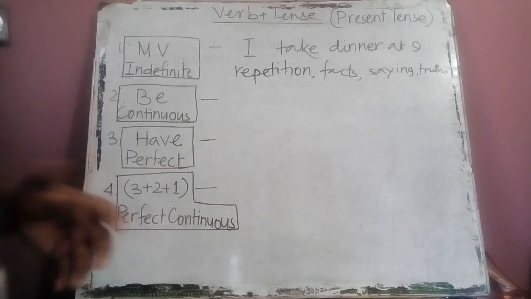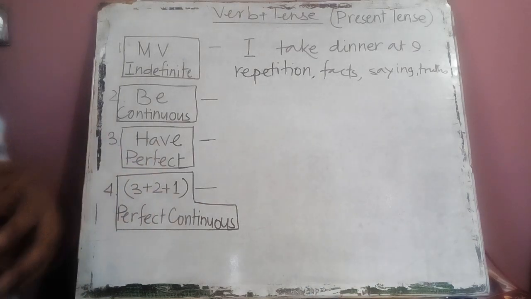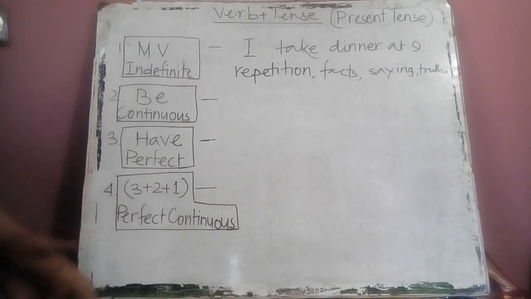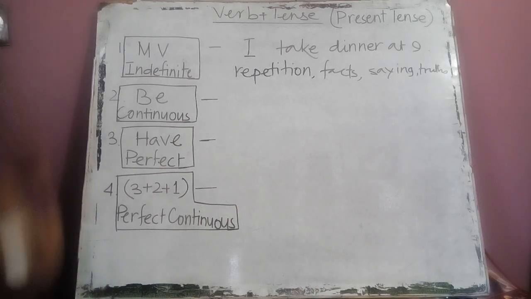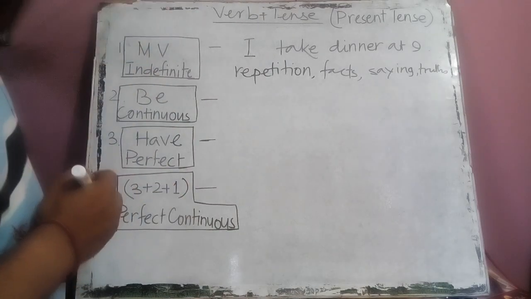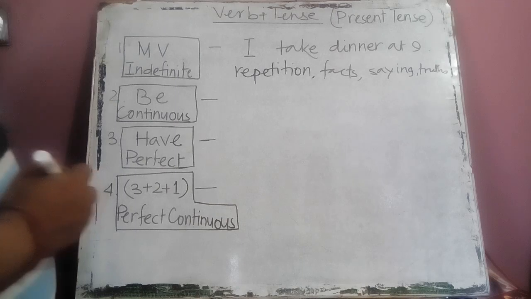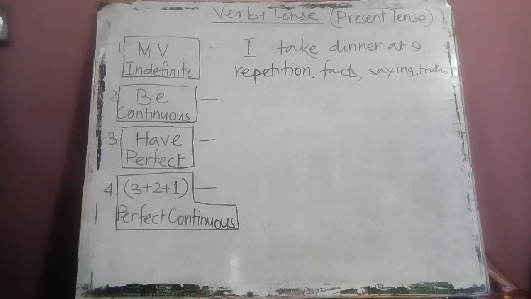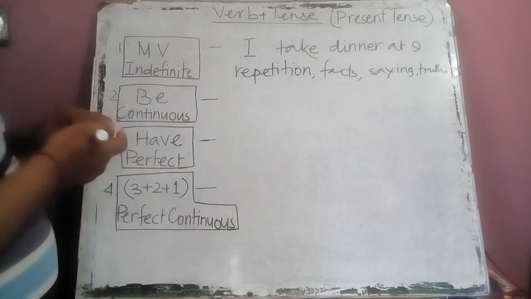And if we say mother gives birth, man is mortal, birth and death get repeated again and again. So all these show repetition, and repetition means indefinite.